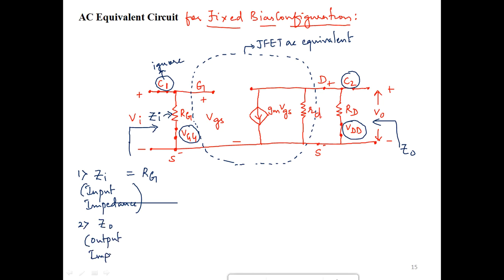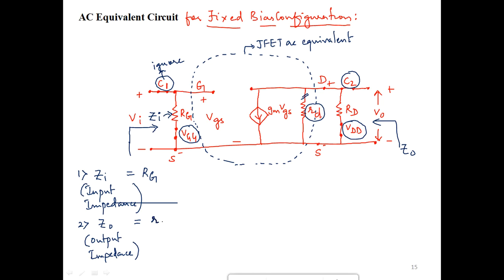Output impedance Z0. Now, if I just look at the output side, I'll be getting two resistors. One is the output resistor of the JFET itself, which is the small rd, and another one is the external resistance capital Rd, and both of them are in parallel.